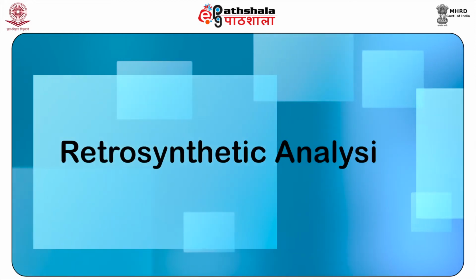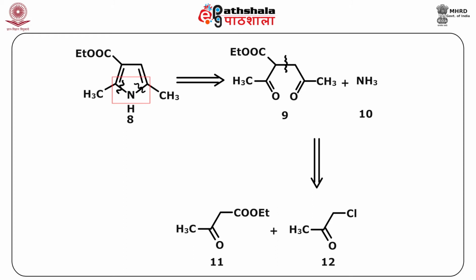Retrosynthetic analysis. Disconnecting both carbon and nitrogen bonds of the pyrrole system present in the compound ethyl 2,5-dimethyl-1H-pyrrole-3-carboxylate, represented by the structure 8, gives the 1,4-dicarbonyl compound 9 and ammonia 10.